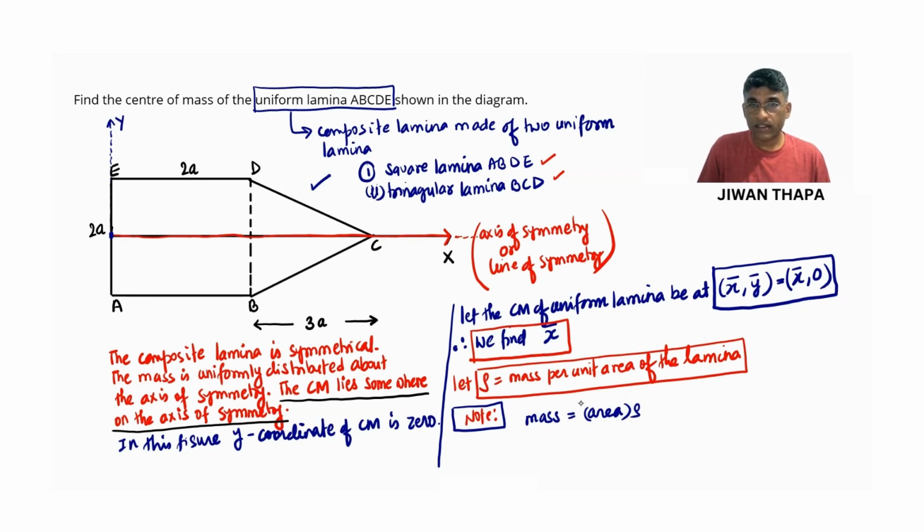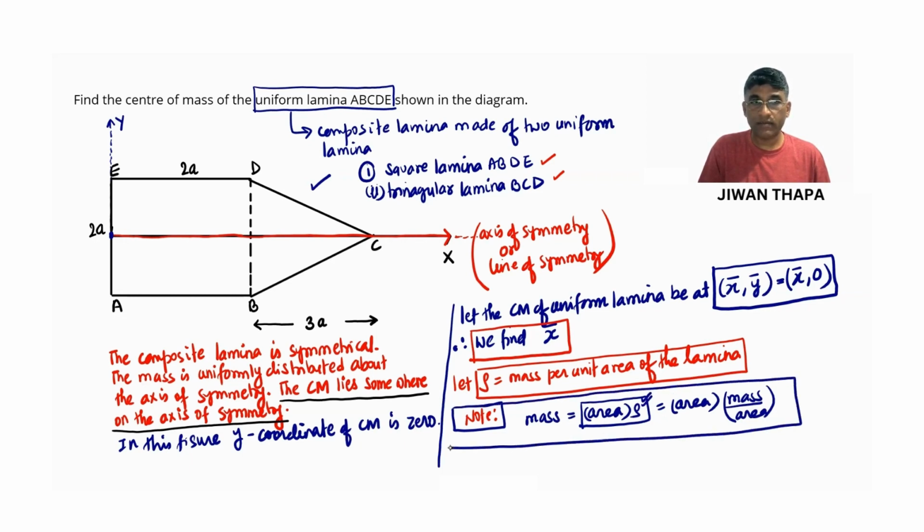Let us simplify this product. Area times rho, and rho is mass per unit area. Therefore, this product gives the mass. So when we multiply rho with area, we get the mass. This is an important point.